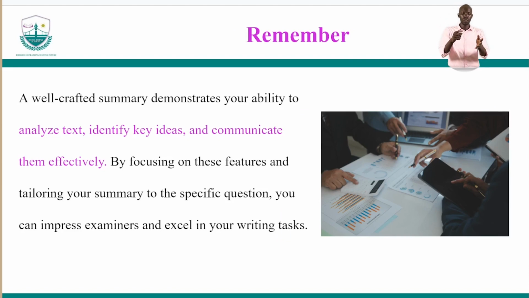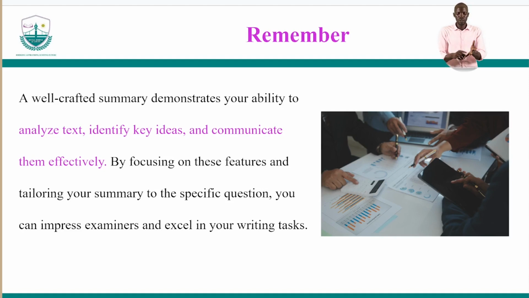If you can analyze the text, identify the key points, and effectively communicate those points, it will therefore mean that you can be in position to summarize the text. By focusing on these features and tailoring your summary to a specific question, you can impress the examiner and excel in your summary writing.